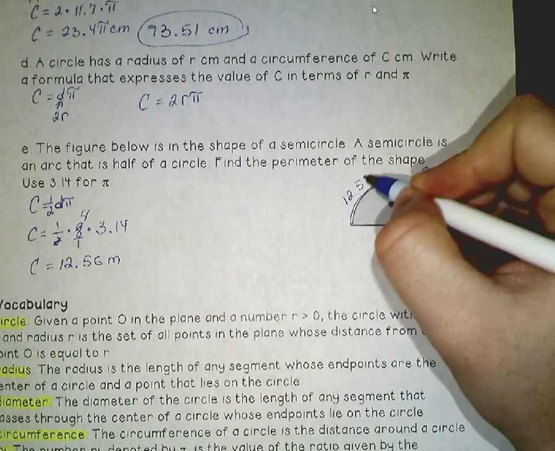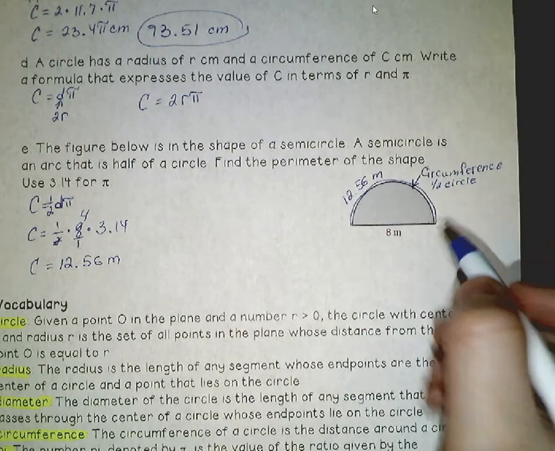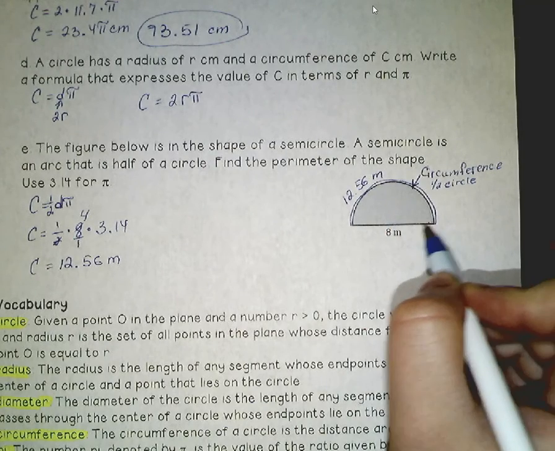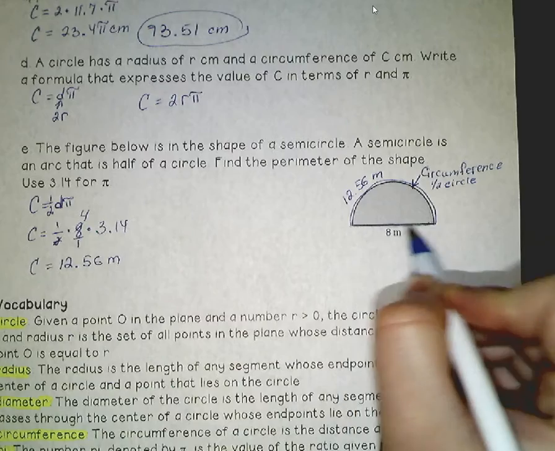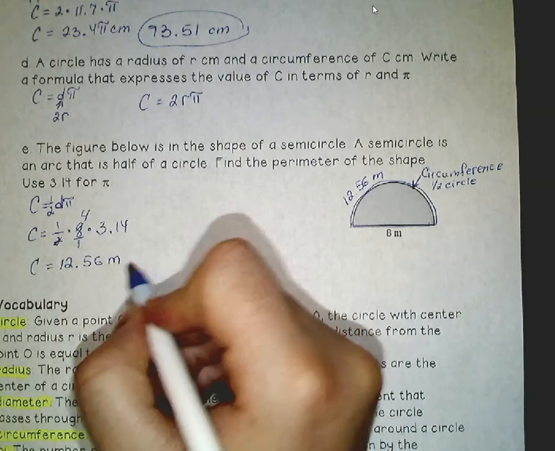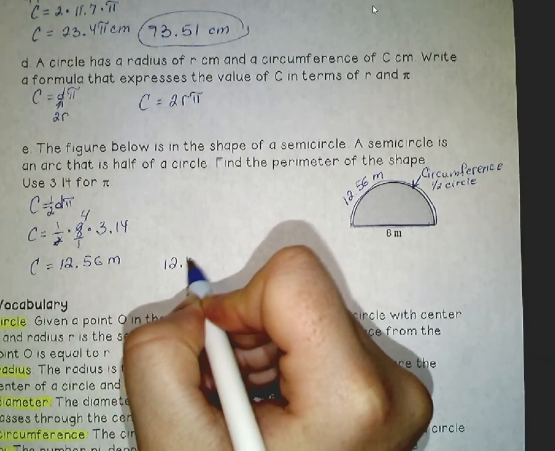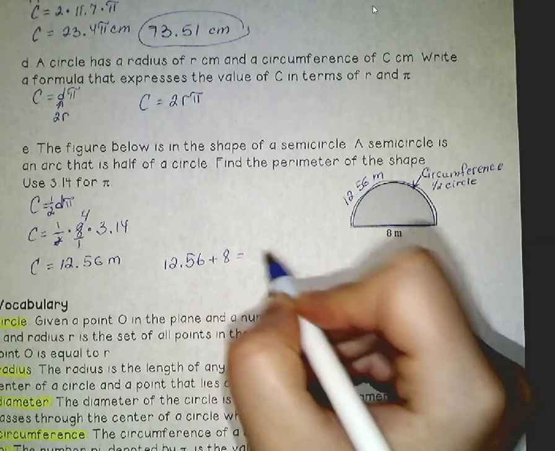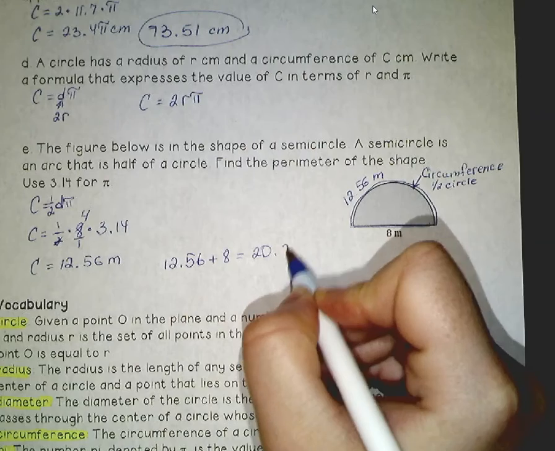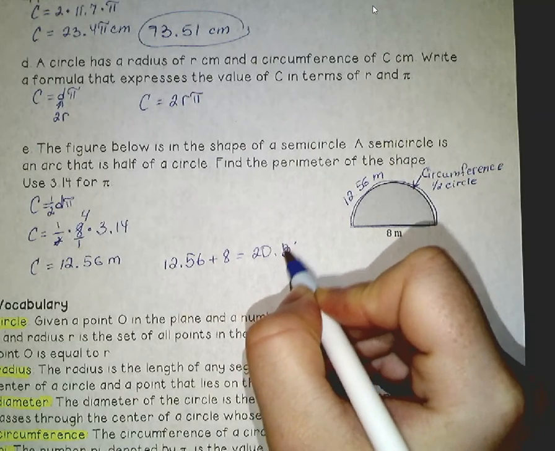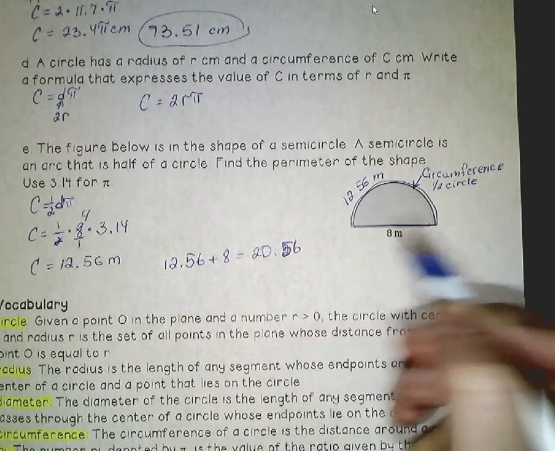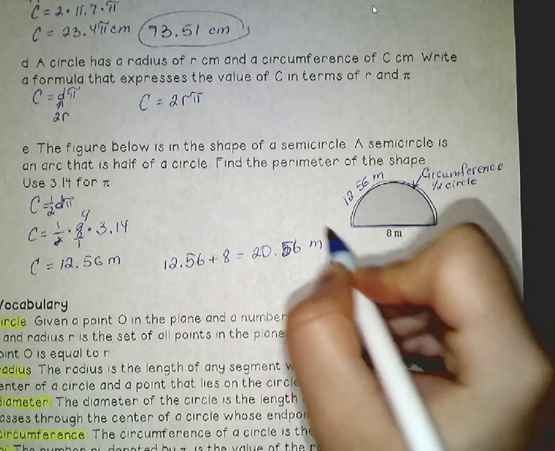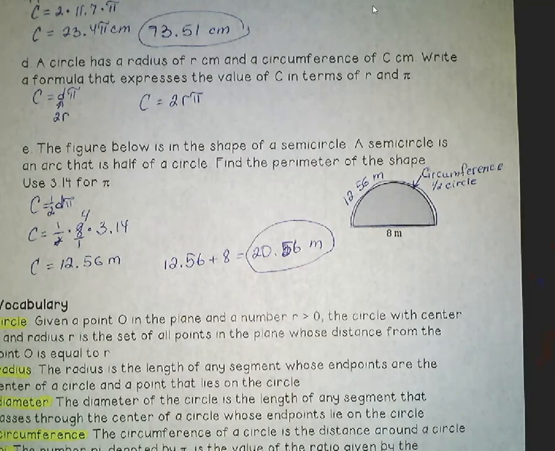To find the perimeter, I need to add this side. So 12 and 56 hundredths plus 8 gives us 20 and 56 hundredths meters. Now this problem is complete.